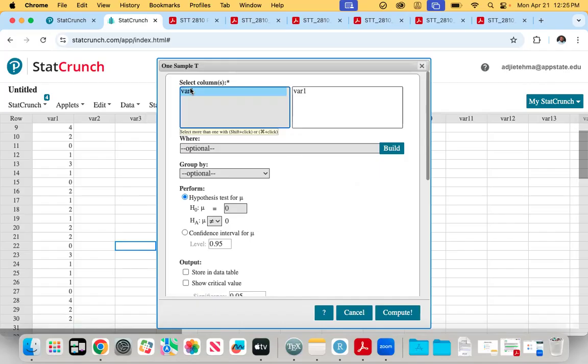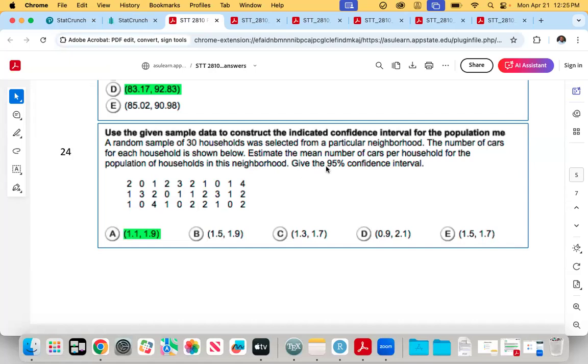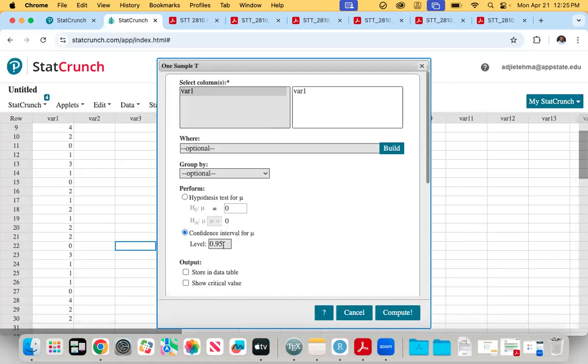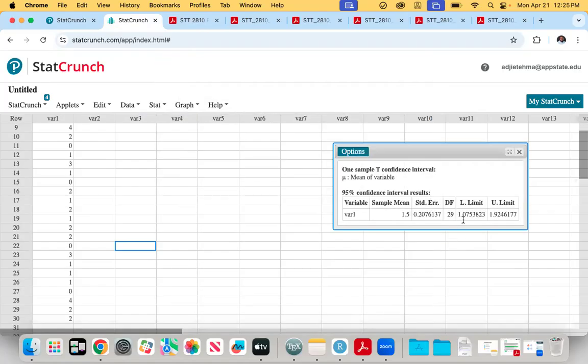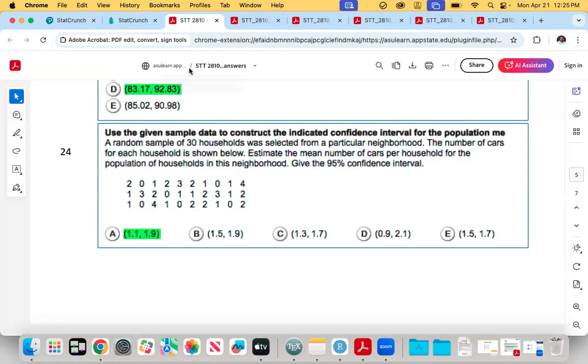Is that okay? And then the confidence interval is 95, so I change this to 95. I hit compute. And this is 1.07, which is the same as 1.1, 1.9. Is that okay?